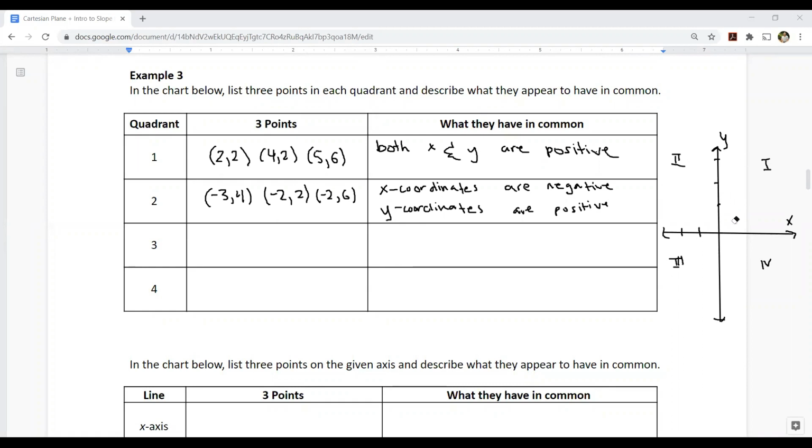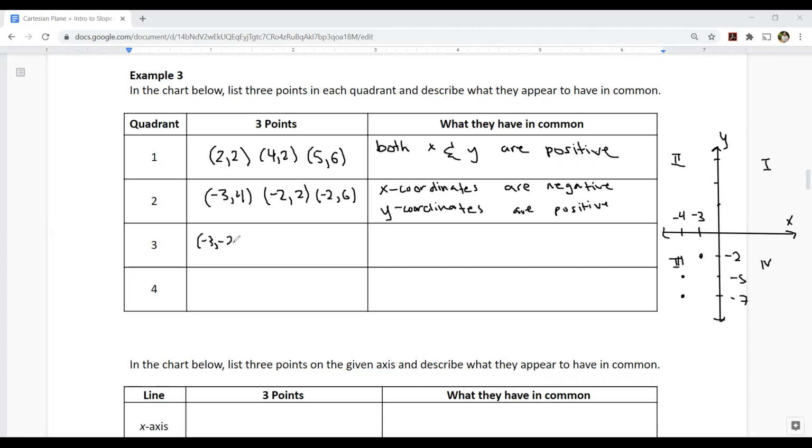Just to minimize confusion, we'll get rid of these points. Now we're working with quadrant 3, this quadrant. Let's say this is -4, and this is -3 this time. We'll just make up some numbers: -3 and -2, -4 and -5, and maybe -4 and -7. We'll quickly write those points down.